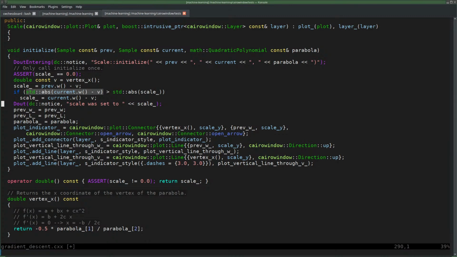Or when I went downhill and did an overshoot that is larger than the distance to the vertex. Also possible. I don't know. It seems very, very unlikely.